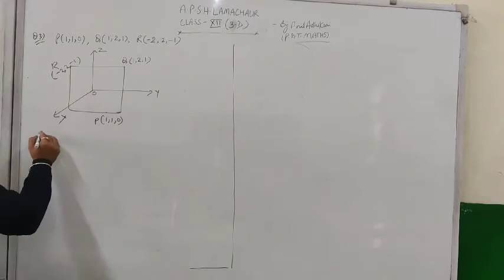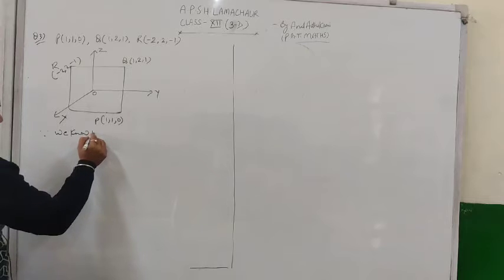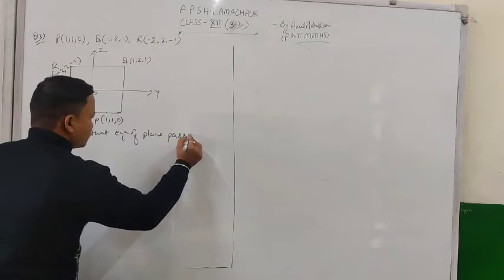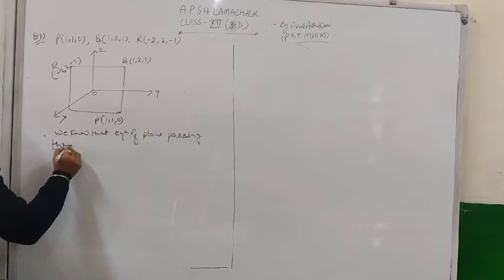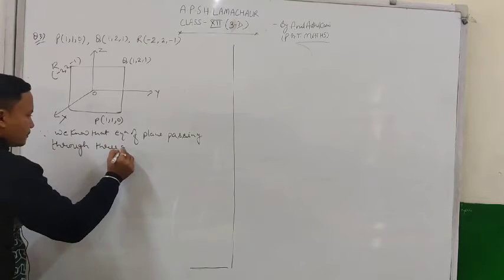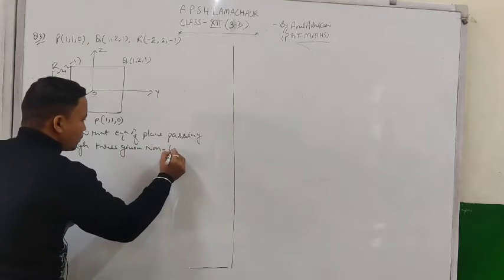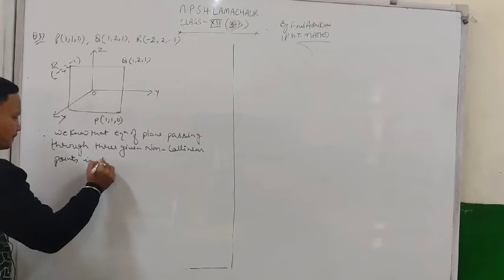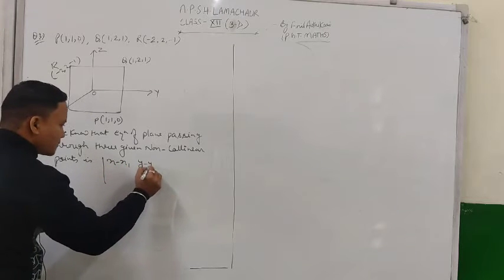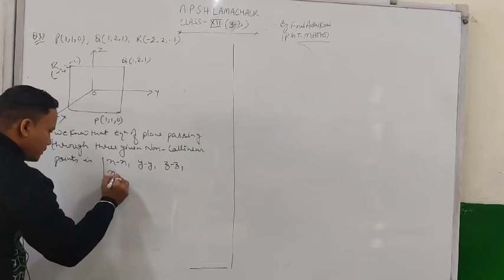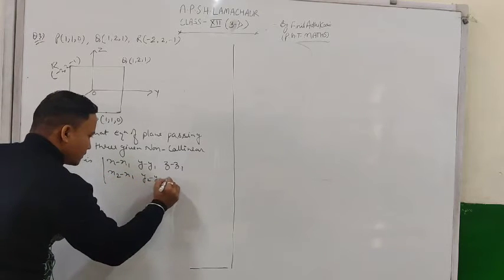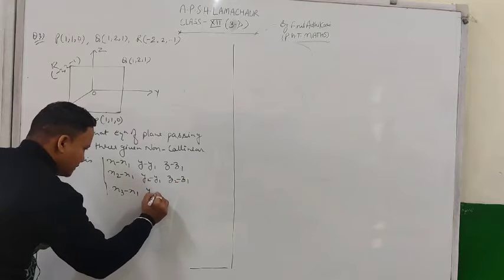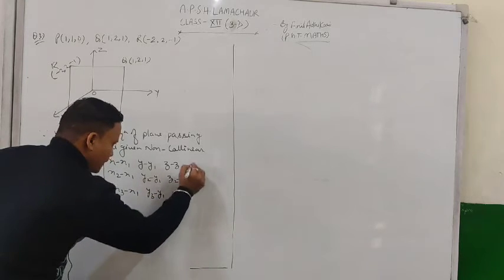Okay, now since we know that the equation of plane passing through 3 given non-collinear points is the determinant with rows x minus x1, y minus y1, z minus z1; x2 minus x1, y2 minus y1, z2 minus z1; x3 minus x1, y3 minus y1, z3 minus z1, equal to 0.